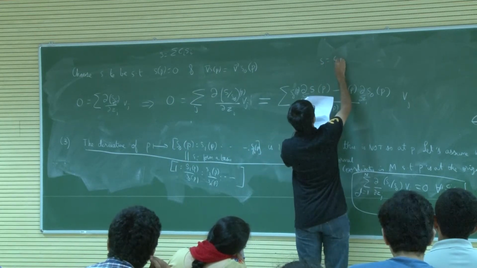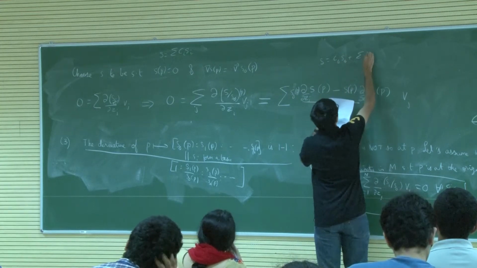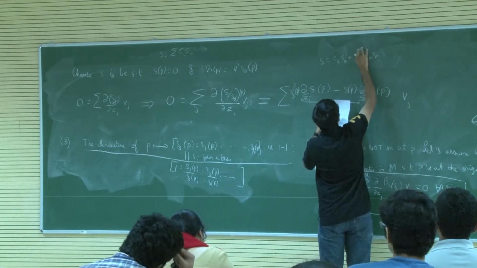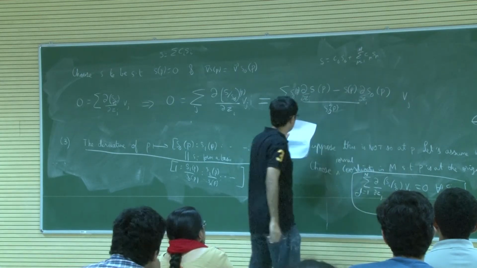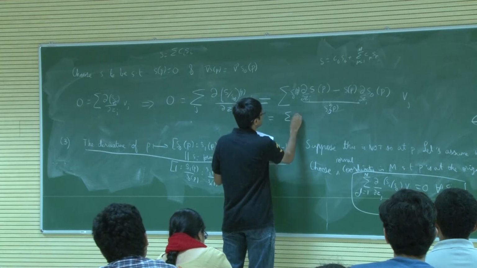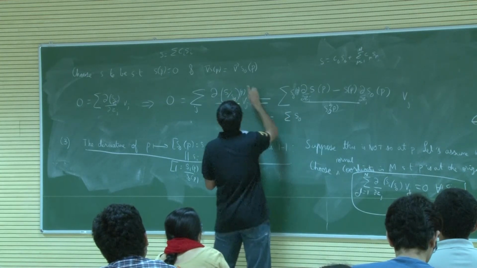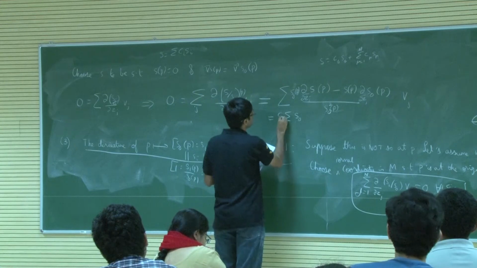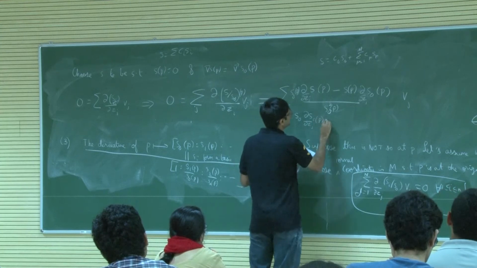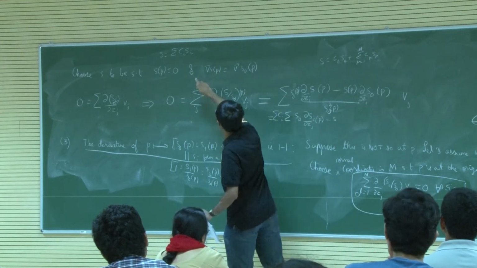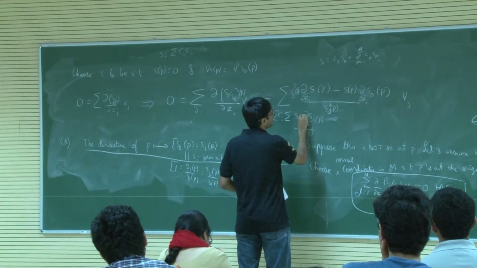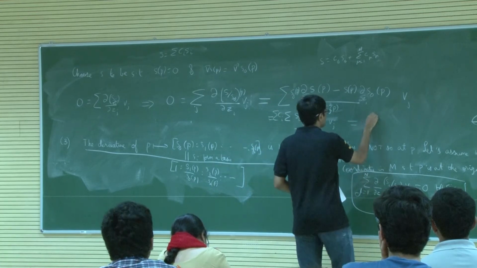S is C naught S naught plus the sum of C mu S mu for the other ones. So what is this? S naught times the sum of, I said it's Ci Si, right? Sum of Ci del Si of p, minus S of p, which is 0, so this term goes away, over S naught squared of p, Vj, which is the sum of Ci.